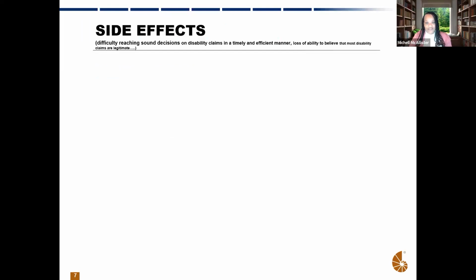And the side effects of this, and you can see I put them in small print like the pharmaceutical companies do, for me personally, will be difficulty reaching sound decisions on disability claims in a timely and efficient manner, and the loss of the ability to believe that most disability claims are actually legitimate and should be paid. Those are my side effects, and I'm sure many of you are experiencing similar side effects.